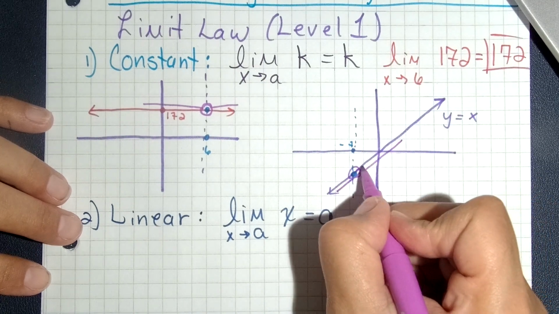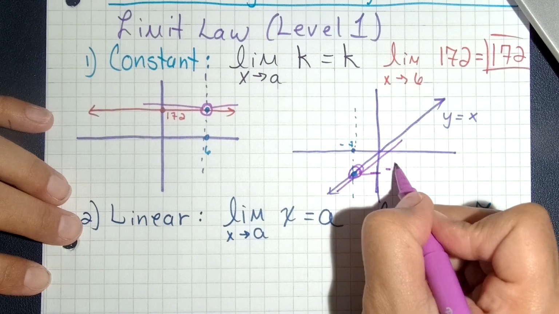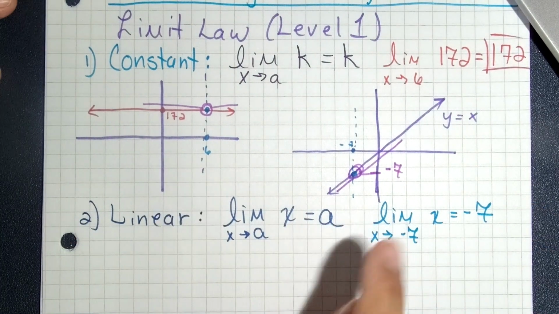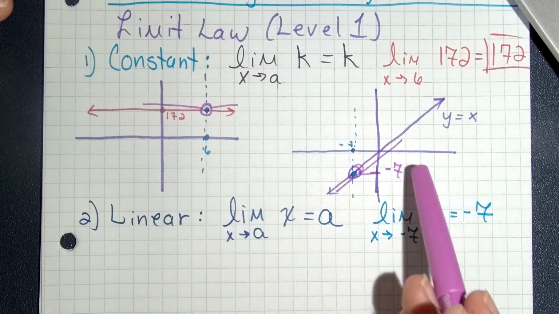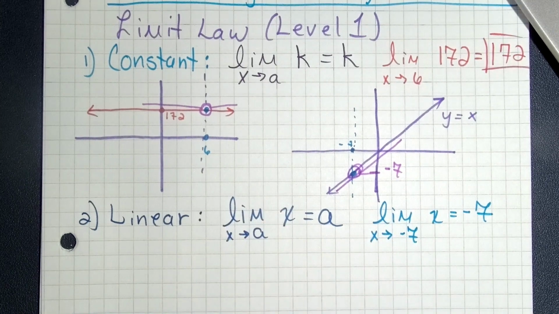I approach from the right, I get this value, and that value is -7. Okay? So this is graphically, and this is algebraically. This is what it looks like graphically and what it looks like algebraically.